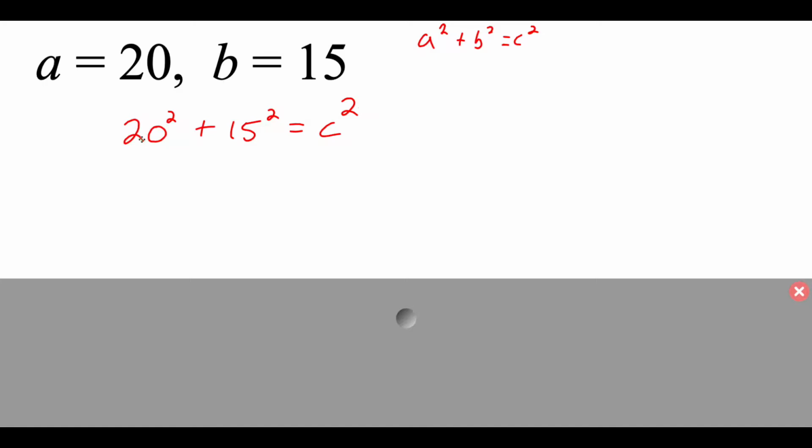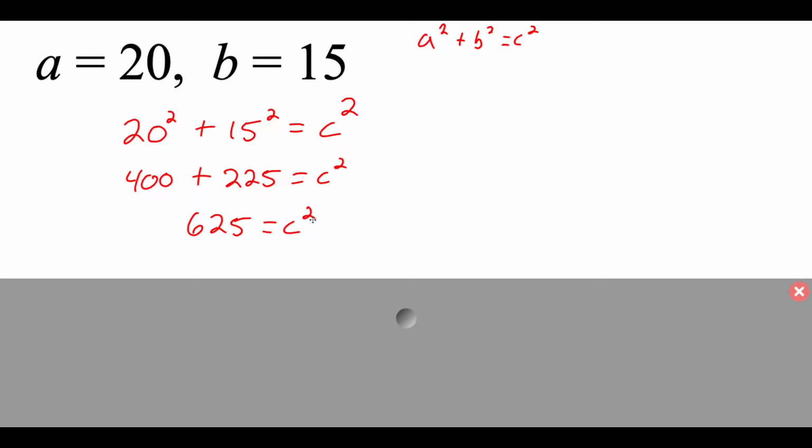Now on the left-hand side, if we square 20, that's going to be 400. And if I square 15, that's going to be 225. And on the right-hand side, we still have c squared. Now, if I add up the left-hand side, 400 plus 225 is going to give me 625, and that equals c squared.